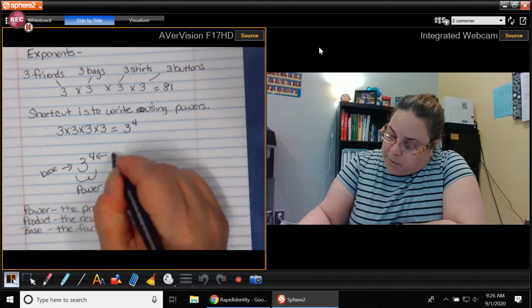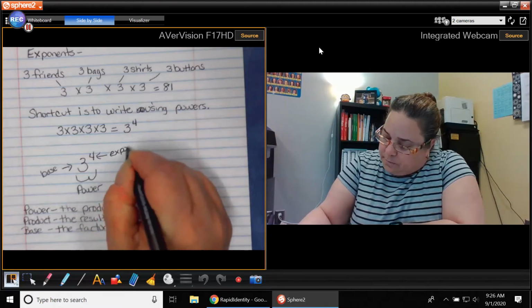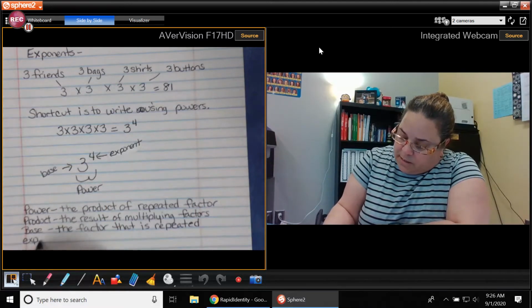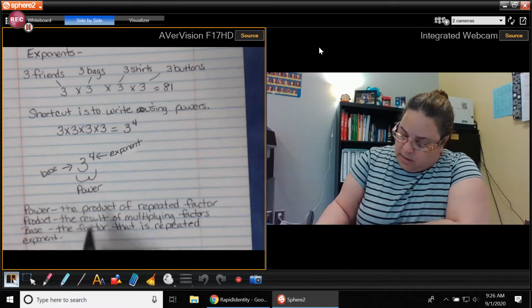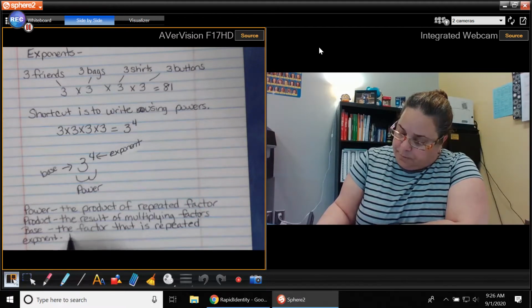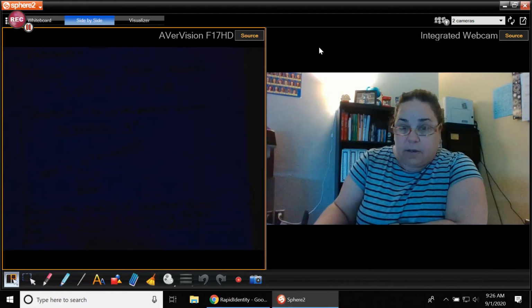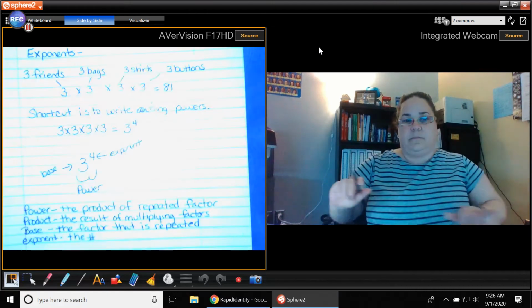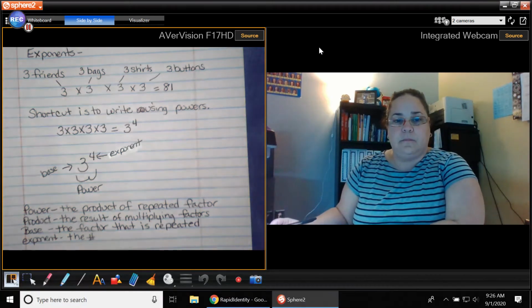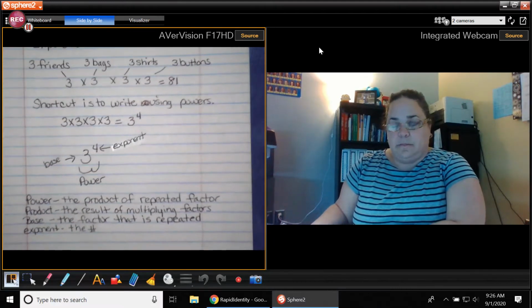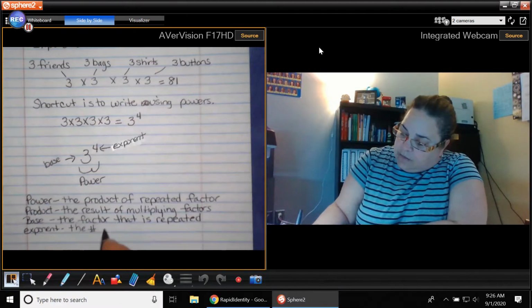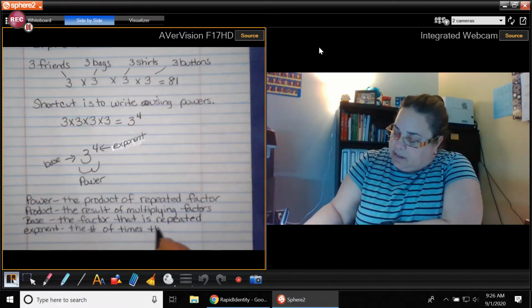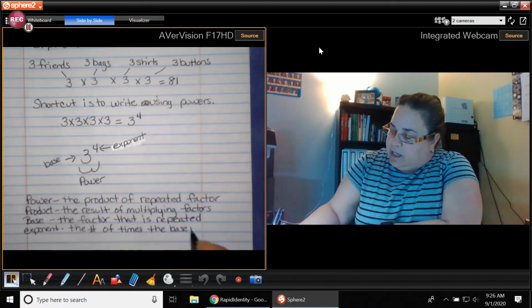This is an exponent. So the exponent is the number of times the base is repeated. Sorry, my lights in my room just went out.